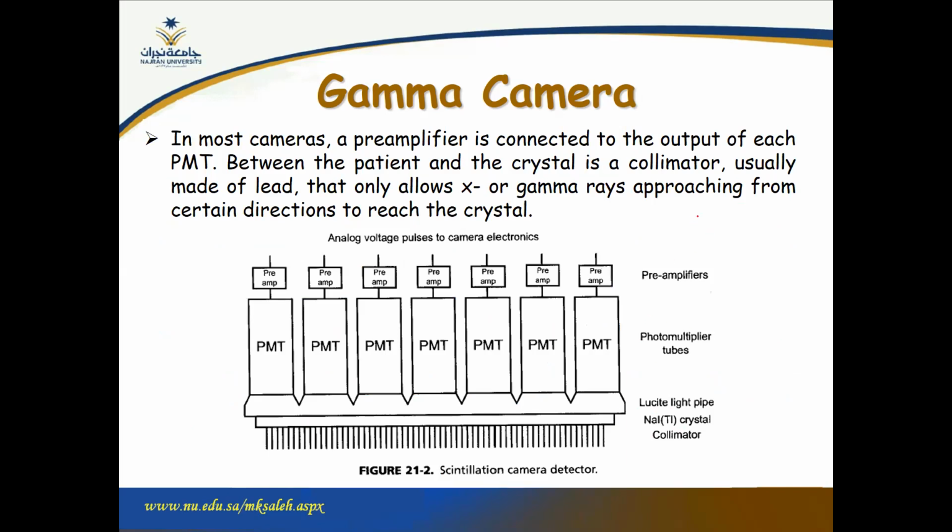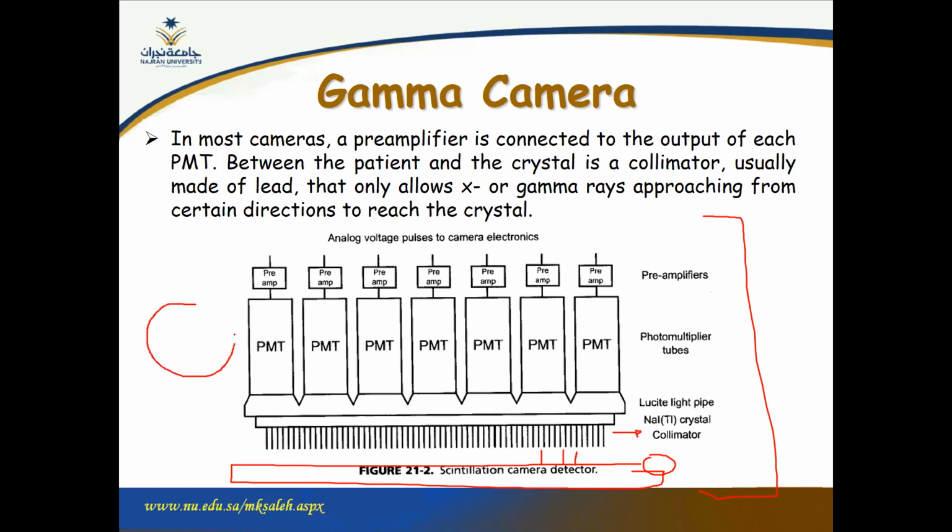In general, this is the gamma camera, okay? And the patient will be here, already injected with isotopes, and his body starts emitting radiation. First, we have the collimator. And if you look under the collimator, you will see something like a circle like this, consisting of holes, and these are the holes, okay?